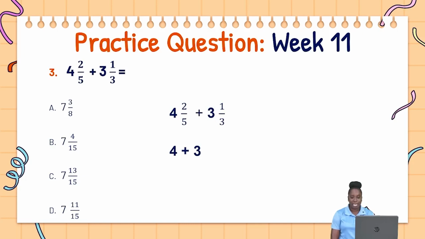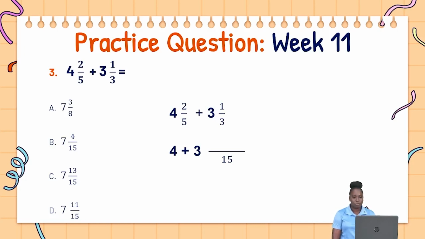Now we know when we add fractions, we have to find our LCM, or lowest common multiple. So between 5 and 3, our LCM is 15. And so we write that. Now we are in the process of creating equivalent fractions.